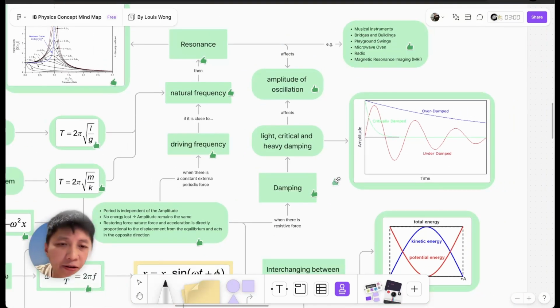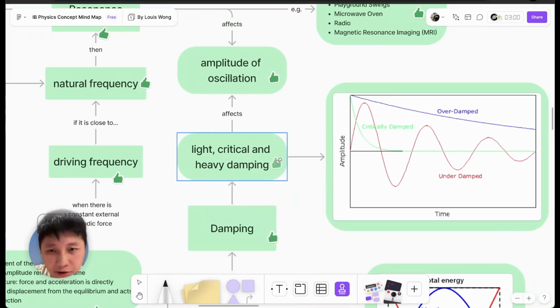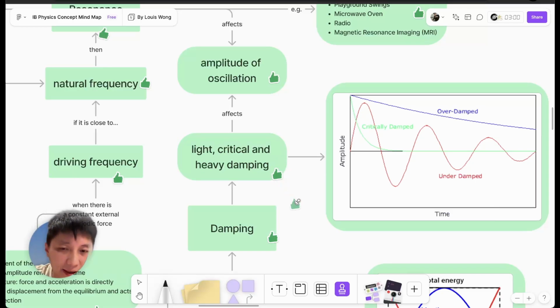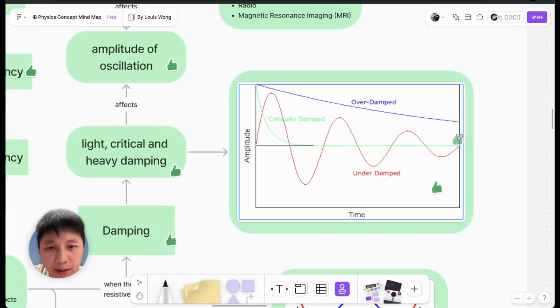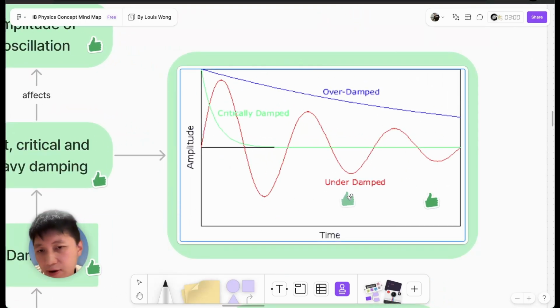And in different amounts of resistive force, they would then be categorized into 3 cases: the light, critical, and heavy damping. You may encounter the words over damping and under damping. I guess it's quite straightforward that you can understand how they are equivalent in words to each other. But then you have to understand this diagram.